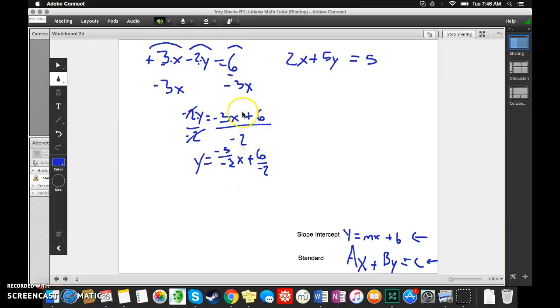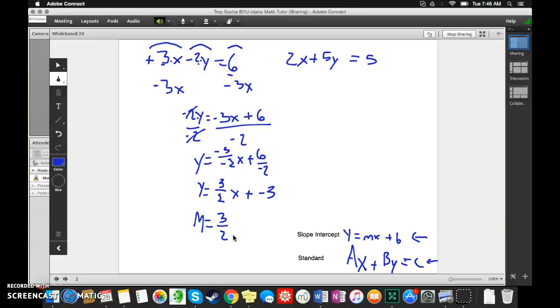We're just splitting up that, dividing what we need to divide, and we get y equals positive 3 over 2 x plus negative 3. So what they'll probably ask is, what is m? M in this case is 3 over 2.